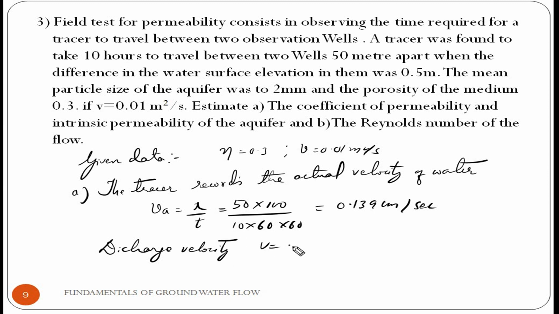So the discharge velocity V is equal to n into VA. So porosity is 0.3 into VA, which we have just calculated as 1.39, so it will be 0.417 centimeter per second.